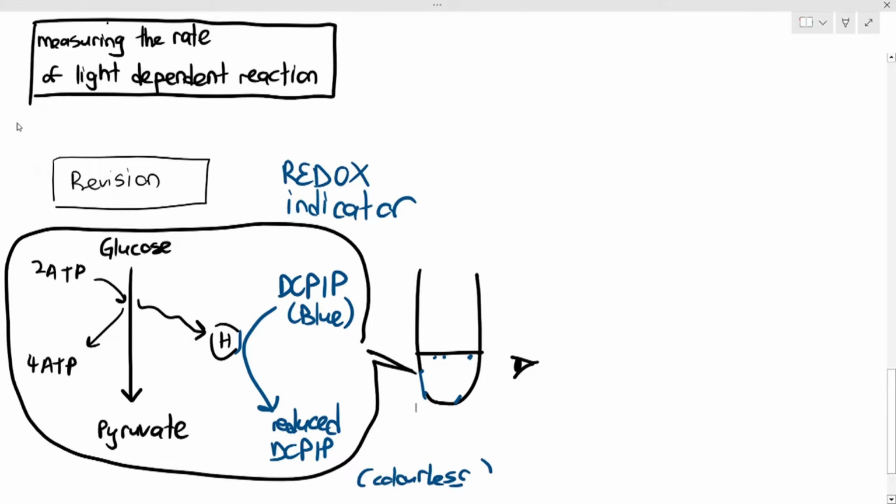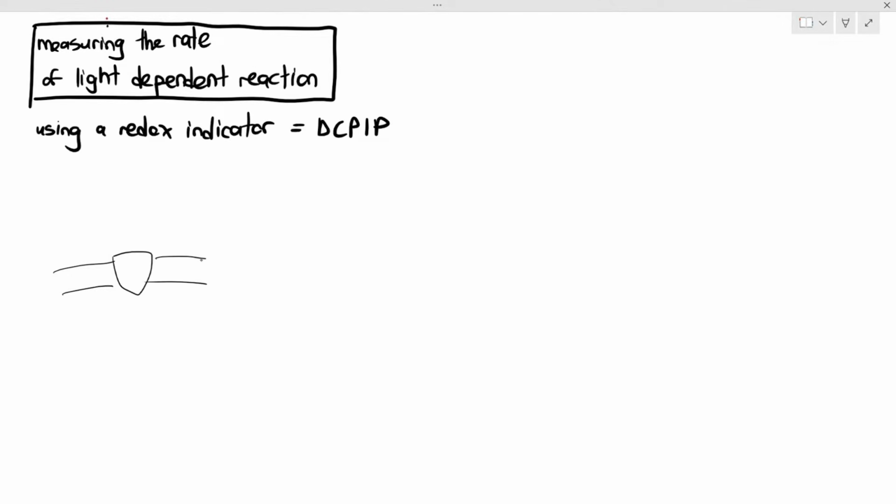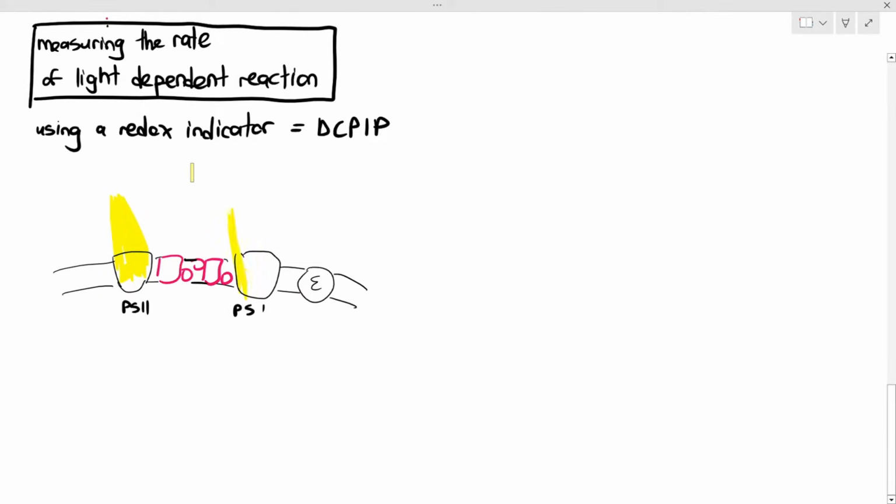Now, we can also use the same concept to measure light-dependent reaction, because in light-dependent reaction, normally we have photosystem 2, photosystem 1 and the enzyme there. The light would usually hit photosystem 2 and photosystem 1, as you can see there, during light-dependent reaction, and electrons will start moving in a non-cyclical manner.